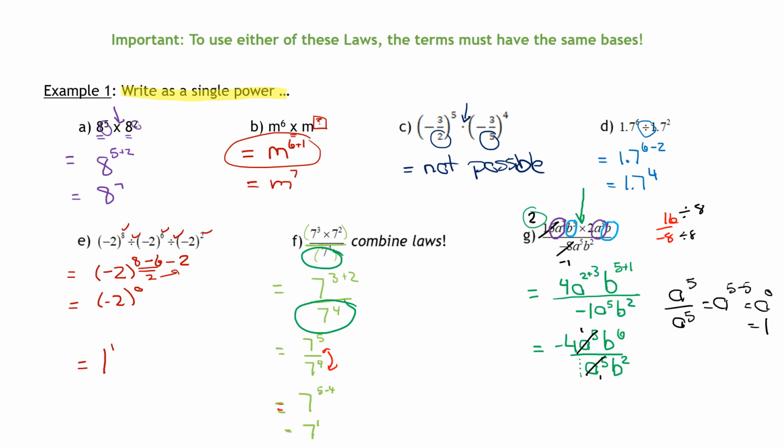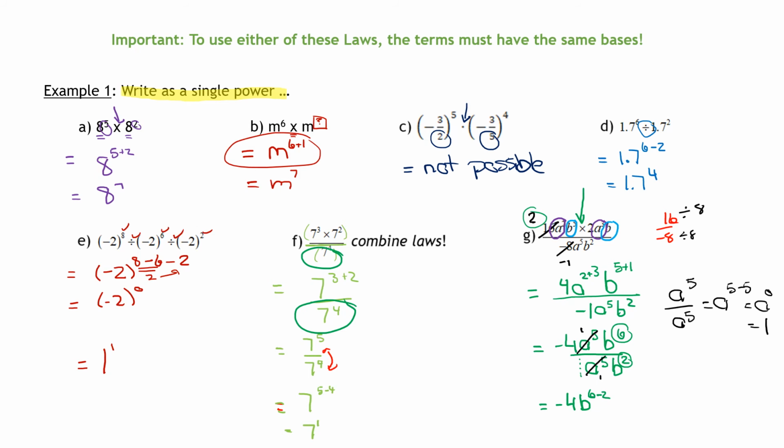They're exactly the same. Back to our coefficient. Our coefficient is a negative 4. We don't have any a's left. What about the b's? We've got some b's left. So we're going to subtract these b's because we're doing division. 6 minus 2. And on our denominator, this is gone now.